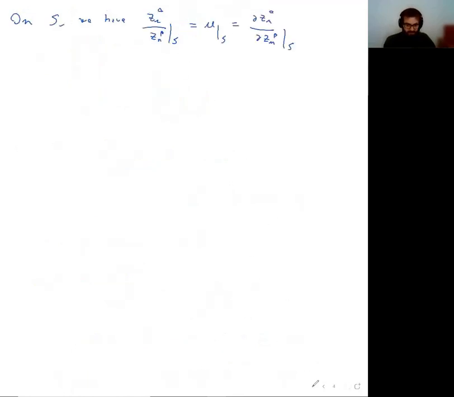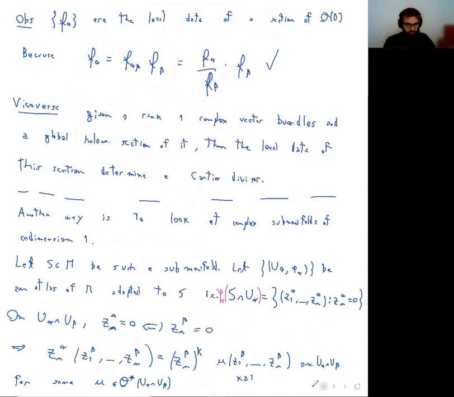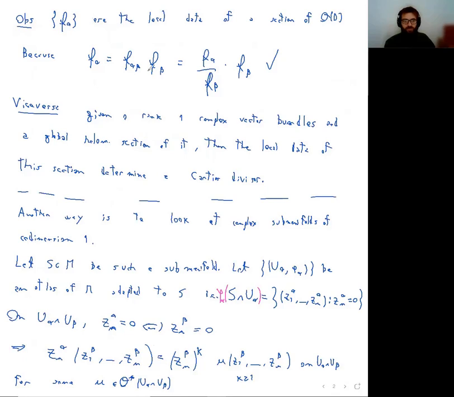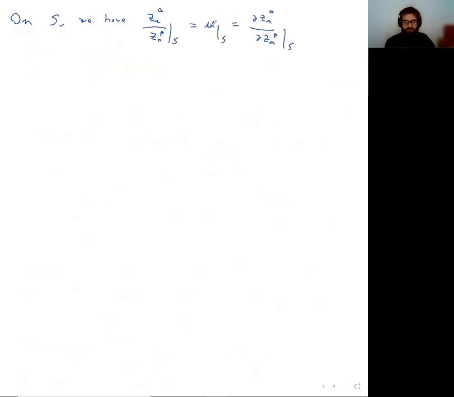Why do we care about this? Because we said that the Cartier divisor defines a holomorphic line bundle, a vector bundle of rank 1, with transition functions given by this f alpha divided by f beta. So this u is our f alpha beta, but we know that it is also equal to dZn alpha over dZn beta.